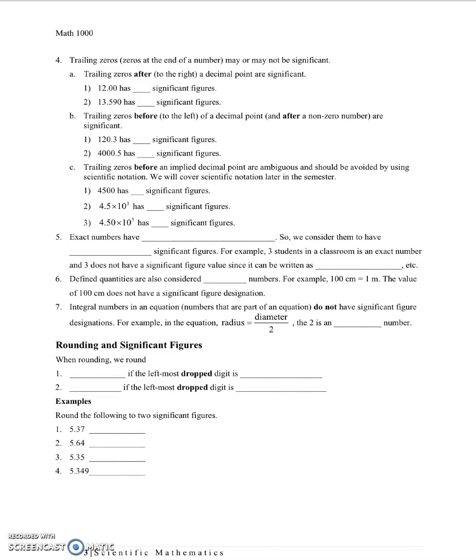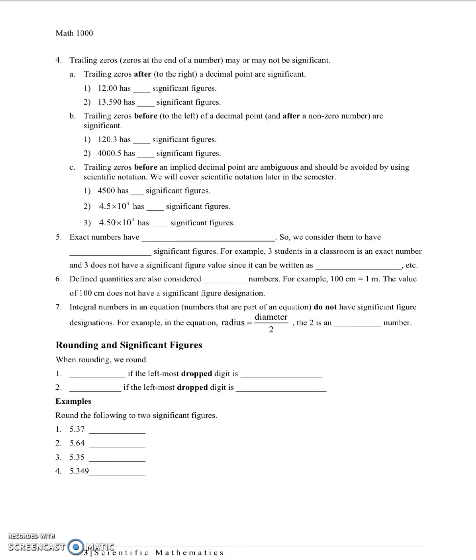Trailing zeros. So zeros at the end of a number may or may not be significant. So if the trailing zeros are after or to the right of the decimal point, they are significant.